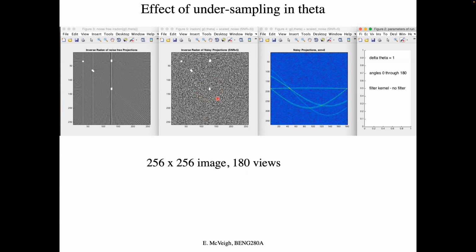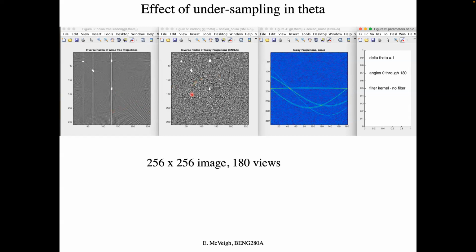This is due to the fact that the density of those back projections is just higher in the middle. When you back project and a projection goes through the center, which they all do, you get a higher density of those projections in the middle.